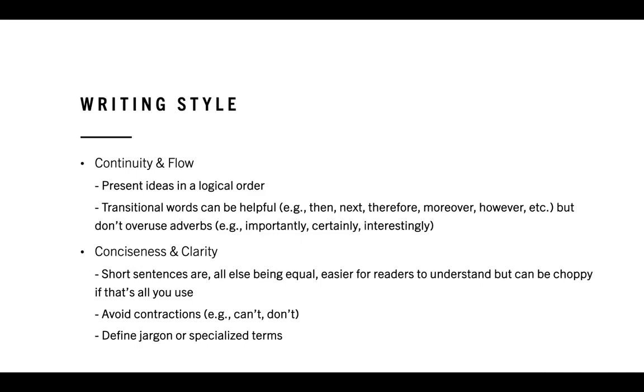So this is maybe a less concise way of giving you some tips around the writing style of APA. The idea is this is not a creative writing class where you want to surprise or throw off your readers. You want to make it as easy as possible for someone to read about the work that you're doing.